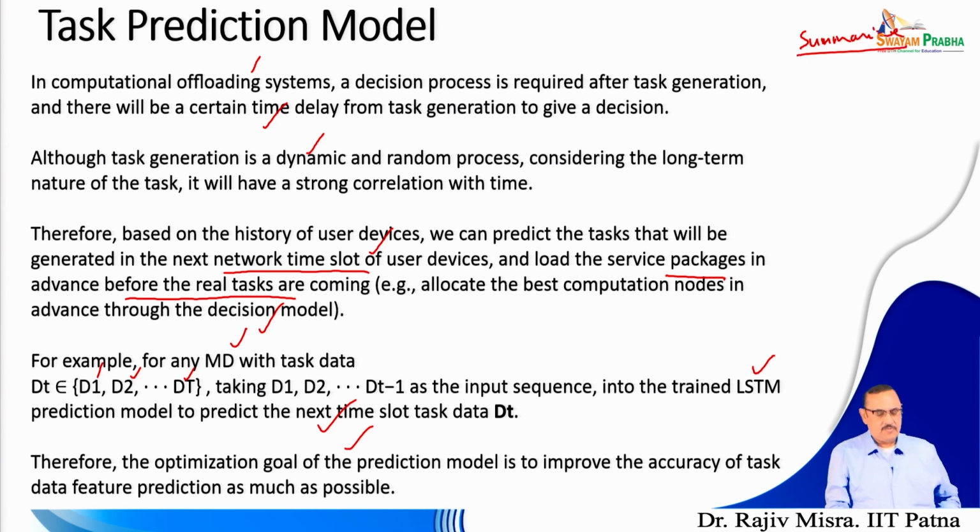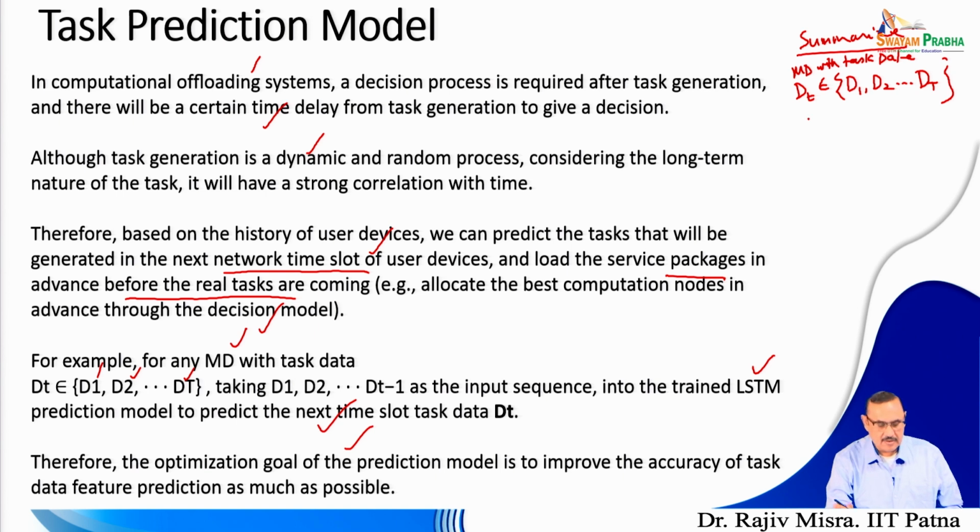So, summarization: we say that the mobile device with the task data, let us say dt is an element of d1, d2 and so on up to dt.